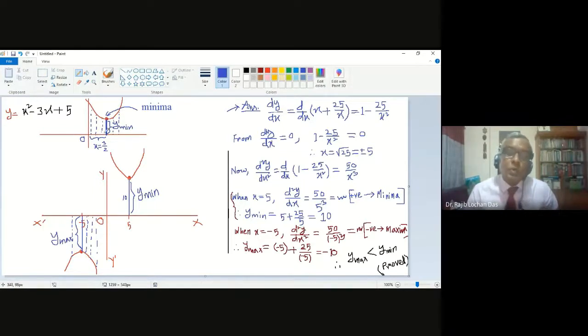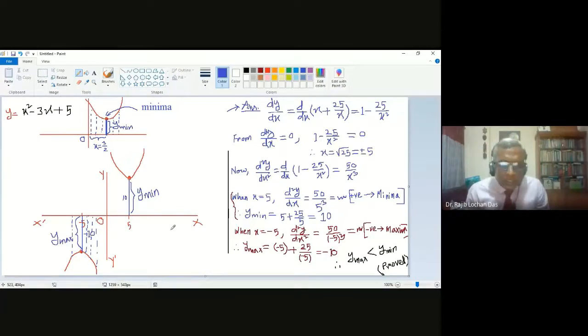So in one problem, there may be one maxima, one minima, but by value, the minimum value is 10 and the maximum value is minus 10, and it is possible that the maximum is smaller than the minimum, like that.